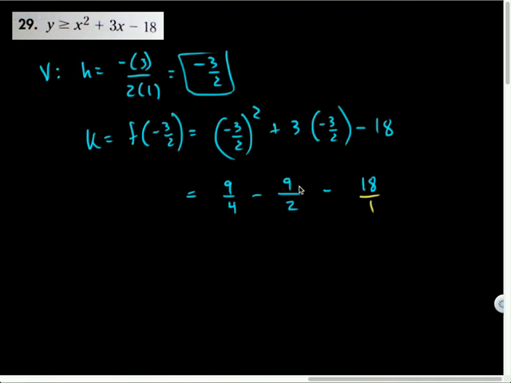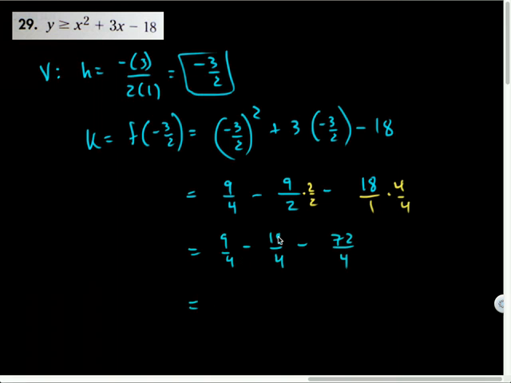So to combine these, I'd need a common denominator. So I'd multiply this by 2 over 2, this by 4 over 4, if I'm not mistaken. And I would get 9/4 minus 18/4 minus 4 times 10 is 40, plus 4 times 8 is 32. So that's 72, negative 72 fourths.